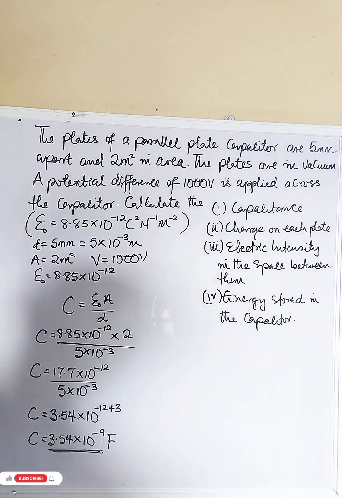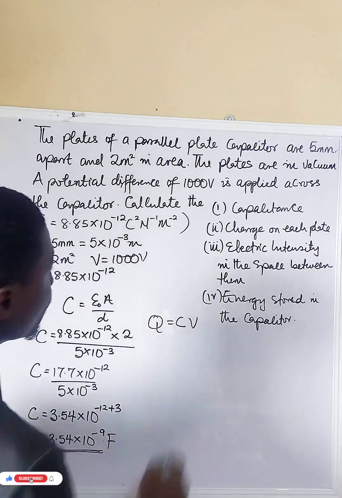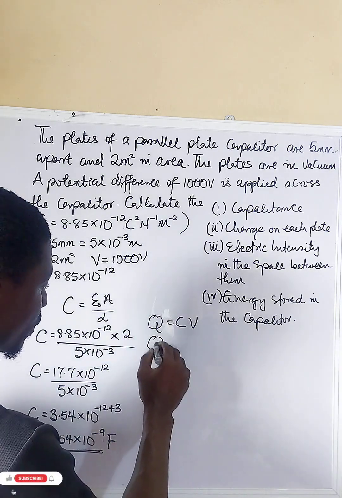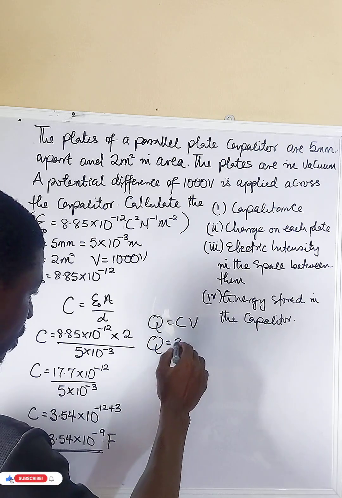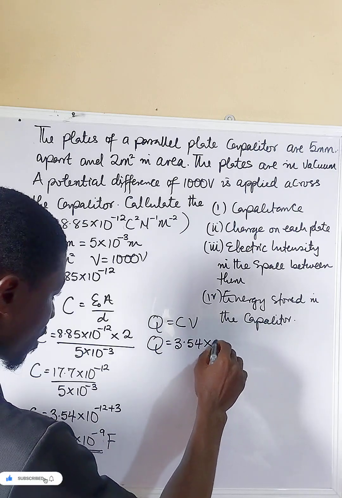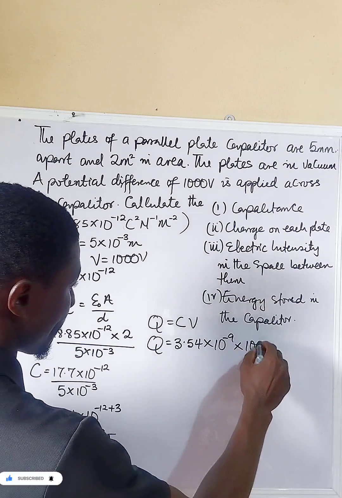Now the charge on each plate is given by Q equals CV. Our C is this, and our V is 1000. So Q equals 3.54 times 10 to the power of minus 9 times 1000.